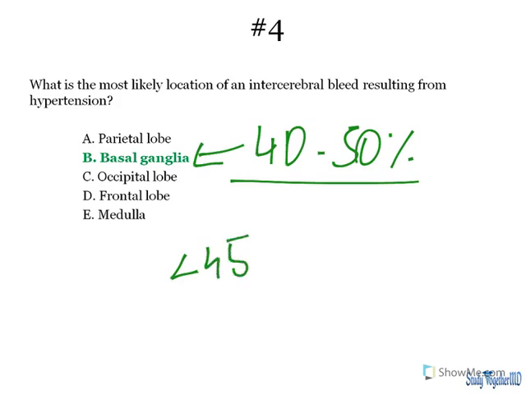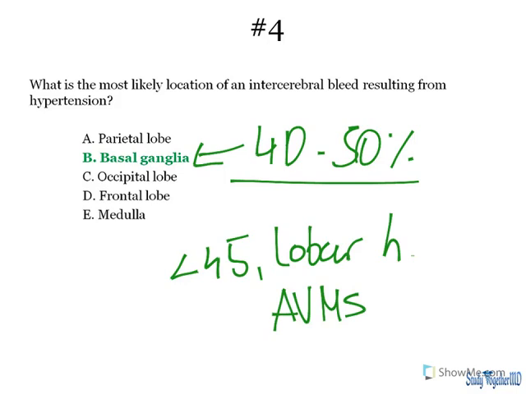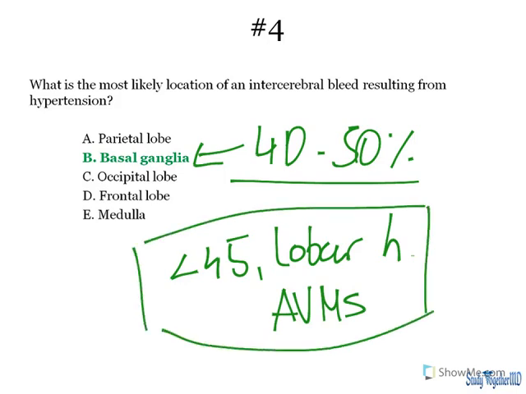For people younger than 45 years, lobar hemorrhages are the most common site of the hemorrhage, and it's frequently associated with the arteriovenous malformations. All right. Let's go to question number 5.